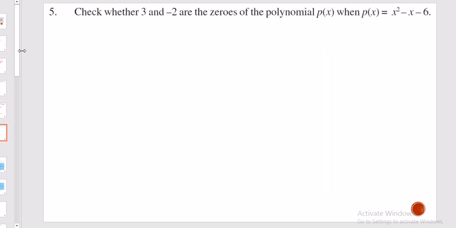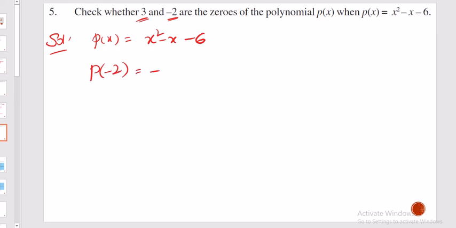Next, one more question related to the same thing. We need to check this. Here p of x is x square minus x minus 6. I will check for minus 2, and you check for 3 and comment the answer in the comment box. First, p of minus 2 means minus 2 whole square minus of minus 2 minus 6. This gives me 4, minus of minus is plus 2, minus 6.